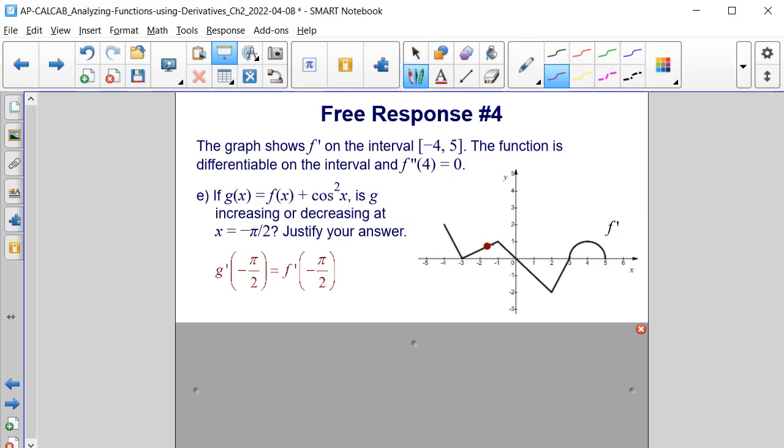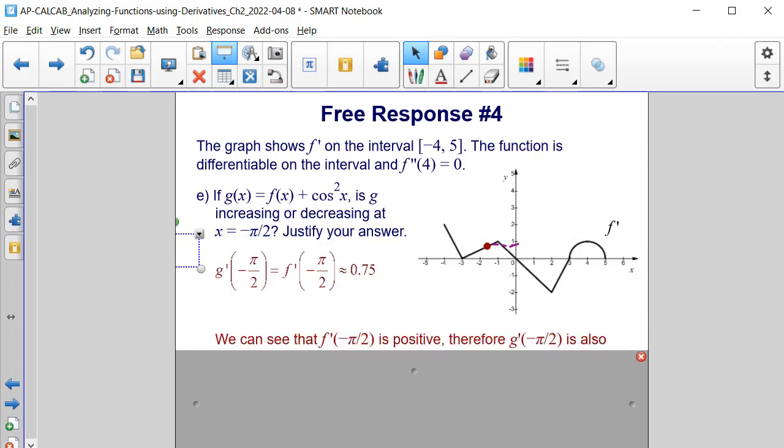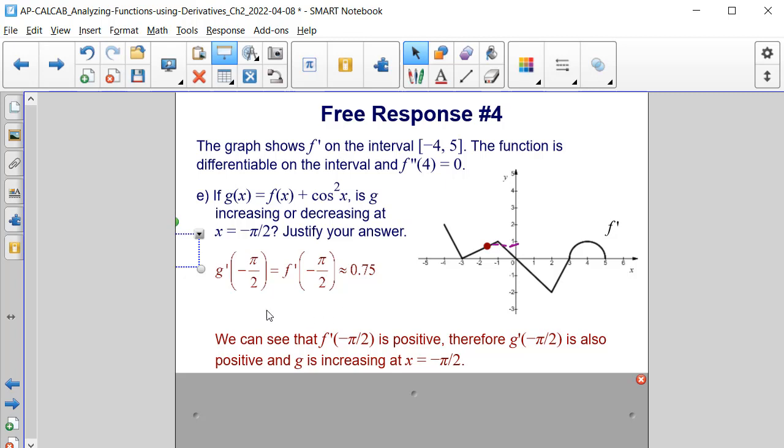And if we head to the right here, we see that it's a little bit below +1, about 3/4. So we can see that this value is positive. Mainly, that's the important part. Therefore, g prime of -pi/2 is also positive, making the function g increase at x equals -pi/2.